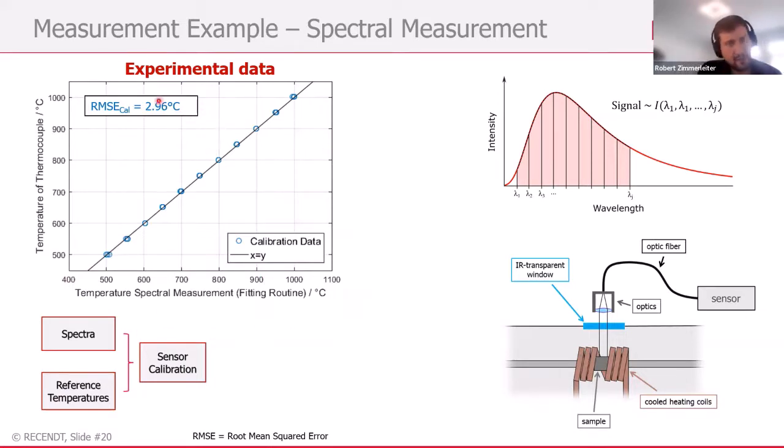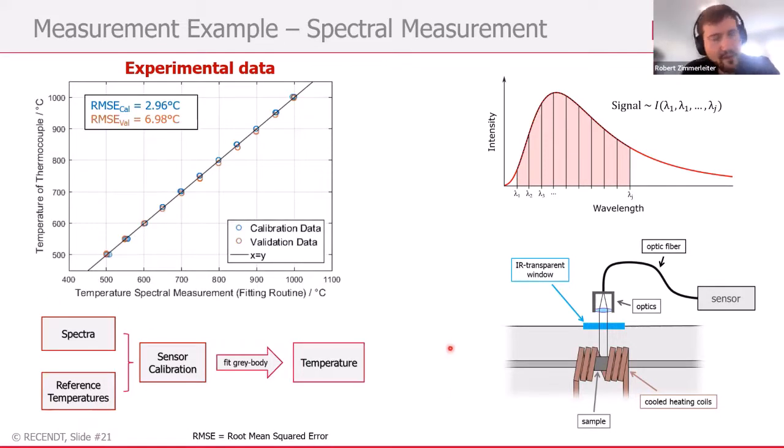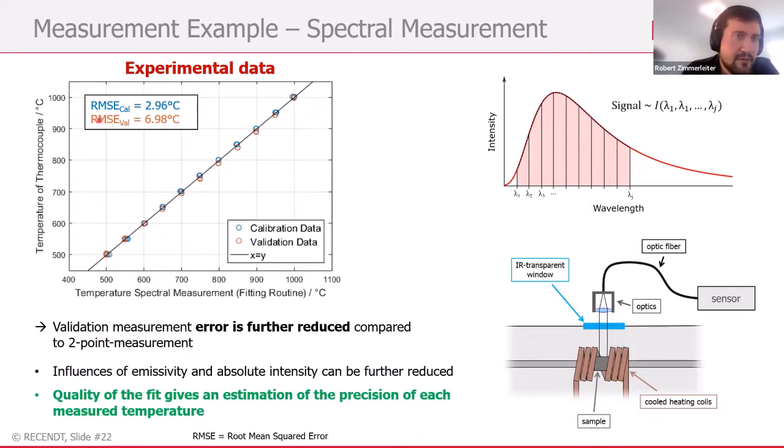Again, we get a comparable root mean squared error for the calibration of just below 3 degrees Celsius, mostly influenced by non-uniform heating and error of the thermocouple. And when we use this calibrated sensor to predict the values for the validation data set, we can see it fits very nicely. And again, the error is further reduced compared to the 2-point measurement.